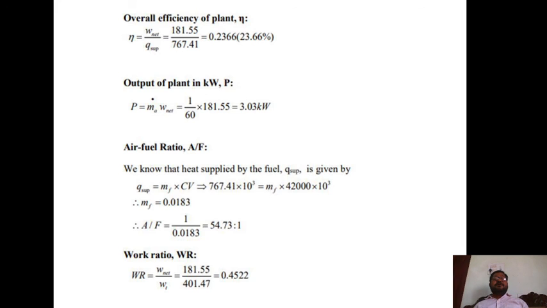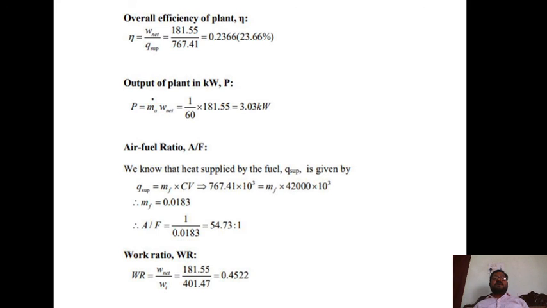For 1 minute, there will be 60 seconds, so 1 by 60. 1 divided by 60, and hence mass flow rate becomes kg per second, into the net work output, that is 181.55. It is again in kilojoules per second only you are substituting, so that you will get 3.03 kilowatt.